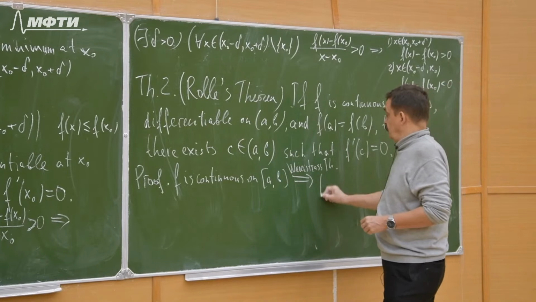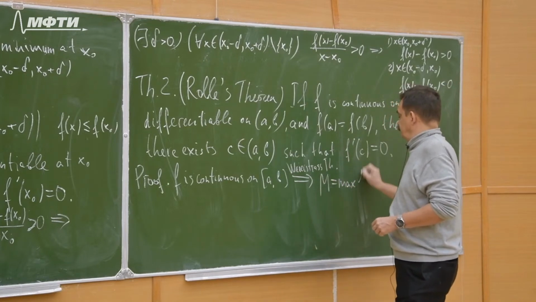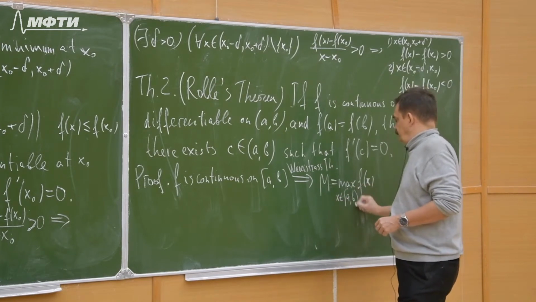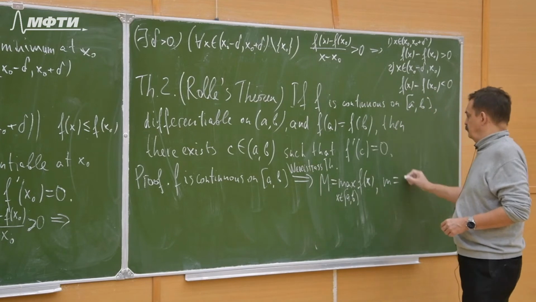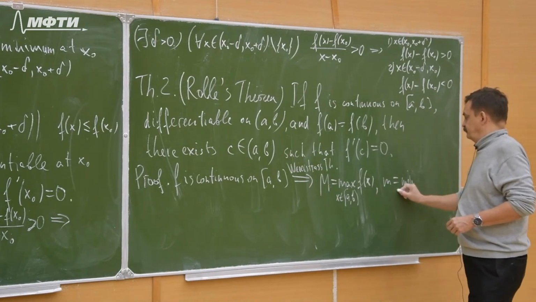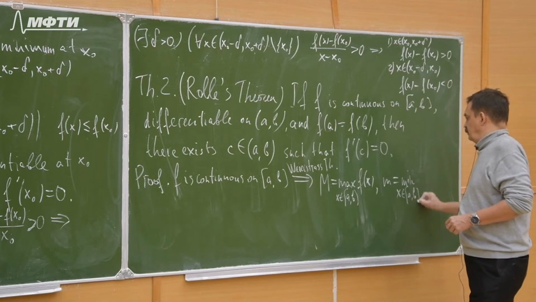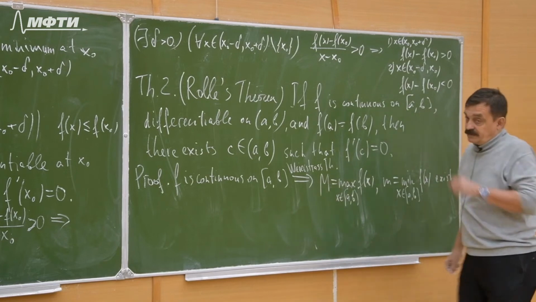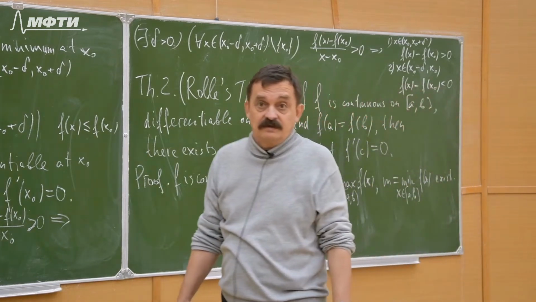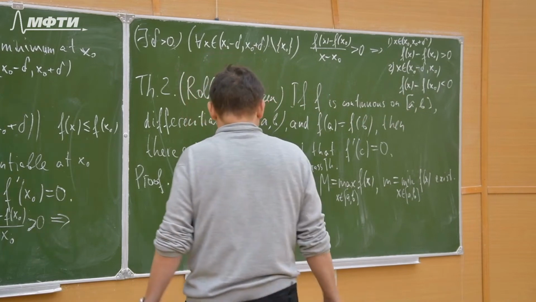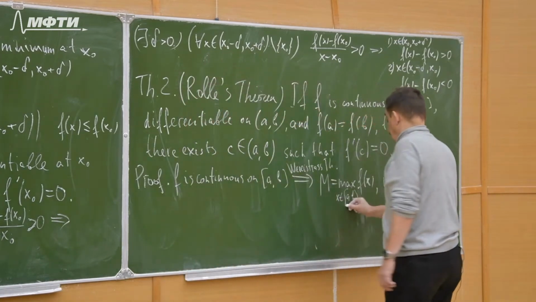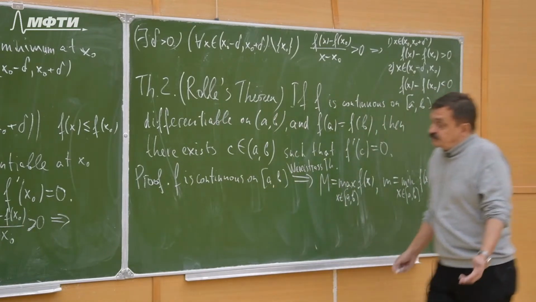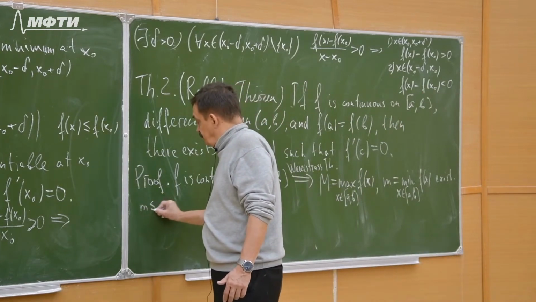So small m equals the minimum of f of x on AB, and capital M equals the maximum, and both exist. Both are attained at some points of the closed segment AB. Of course, in general, the minimum is less than or equal to the maximum, right?